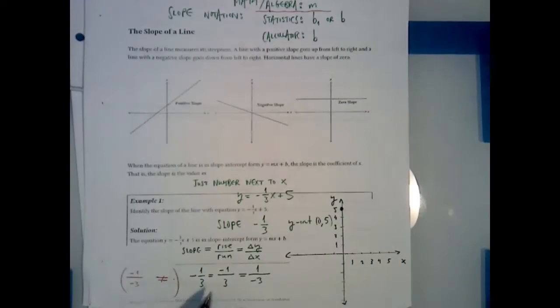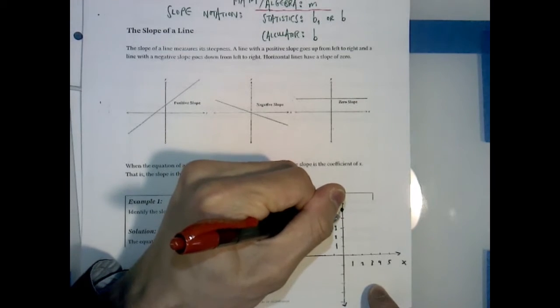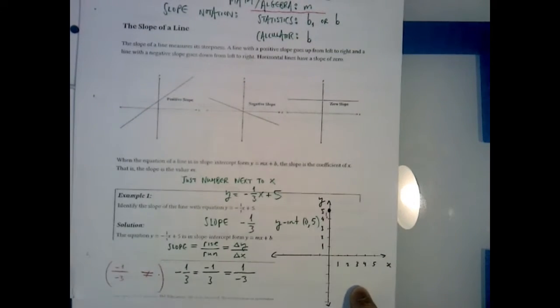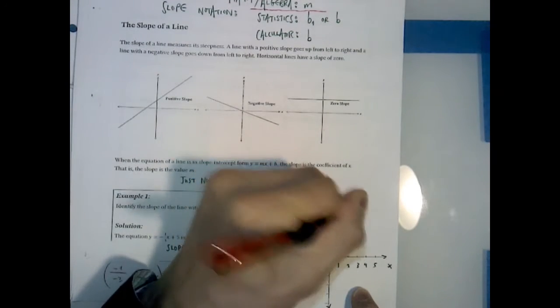And then we're going to use the notion of slope, this rise over run. If we wrote it this way, that means we rise -1, that means we go down 1, and then we run over 3. So we go down 1, and then we run over 3. So 1, 2, 3.